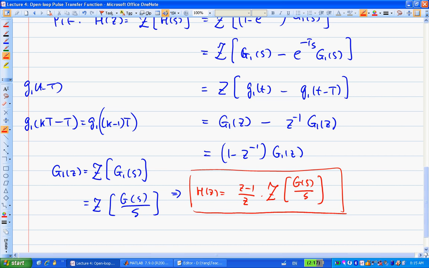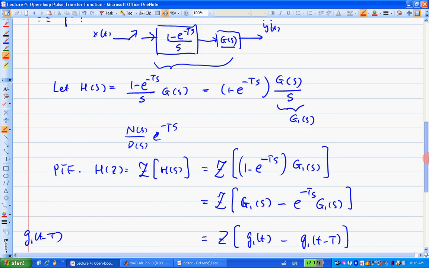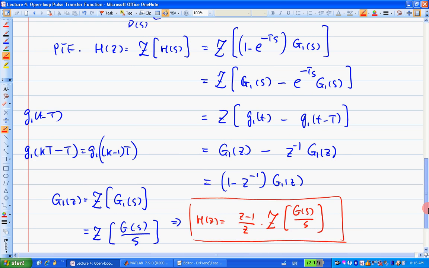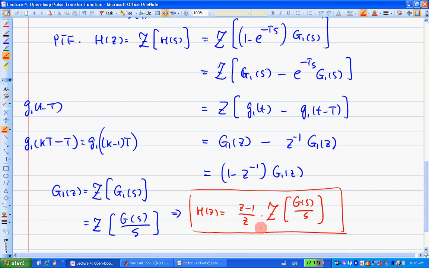That's the pulse transfer function for this block here. If we have the plant Laplace transfer function G of S, then we can proceed to get a specific Z function, a numerator divided by a denominator.